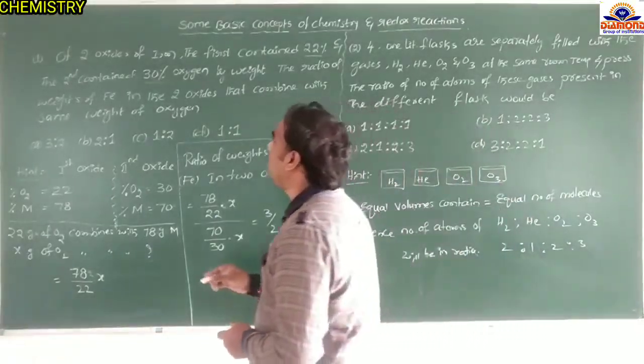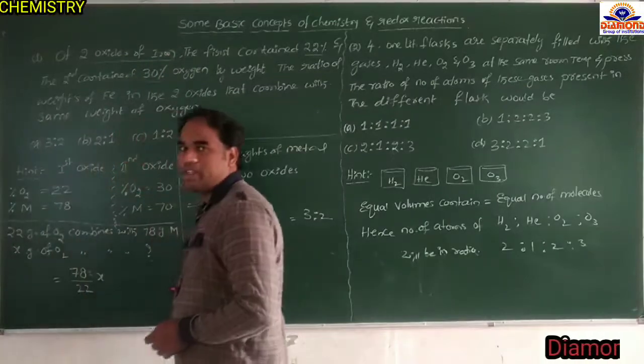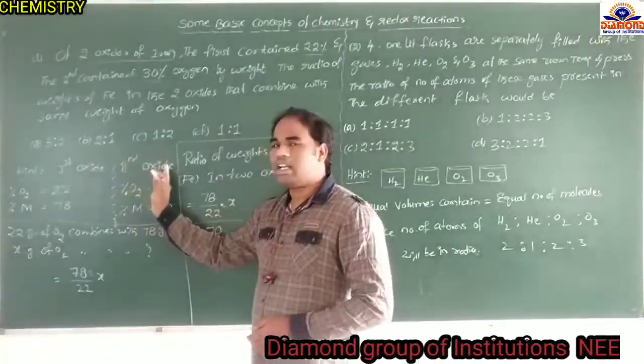Here they have given two types of oxides of iron, the first iron oxide and the second iron oxide.